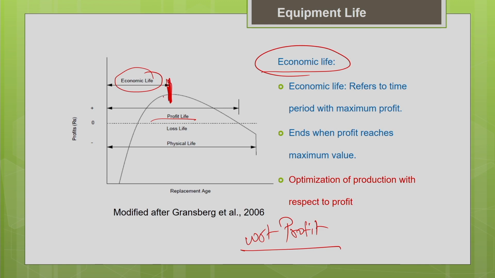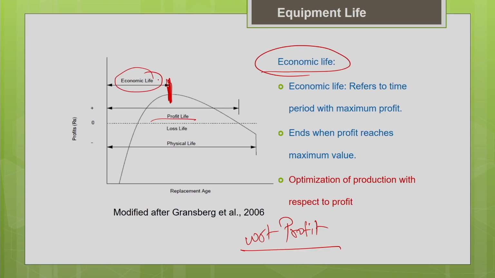So if you want to maximize your profit, it is better to replace your machine at the end of the economic life itself. Before your profit gets reduced due to increase in maintenance and repair cost, before that itself, replace the machine at the end of its economic life. So basically, economic life refers to the time period with maximum profit if you are going to optimize your production with respect to profit.